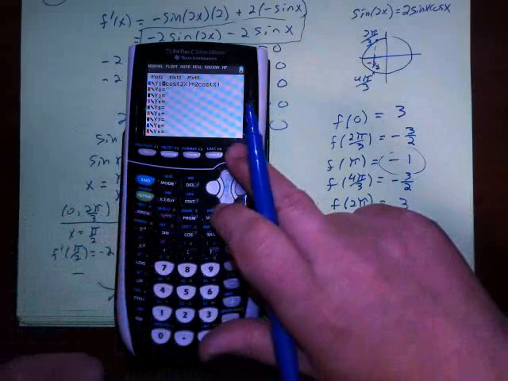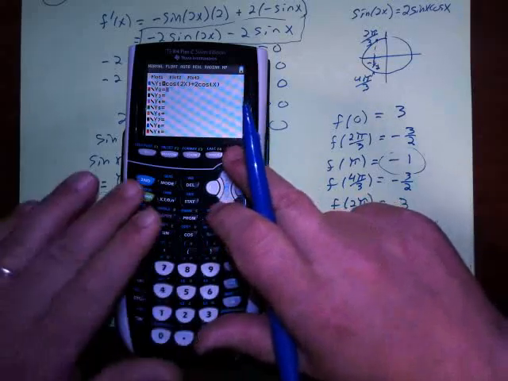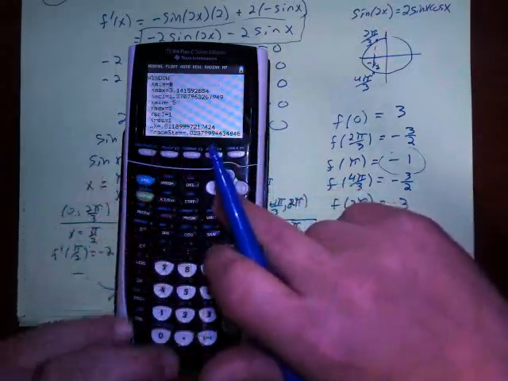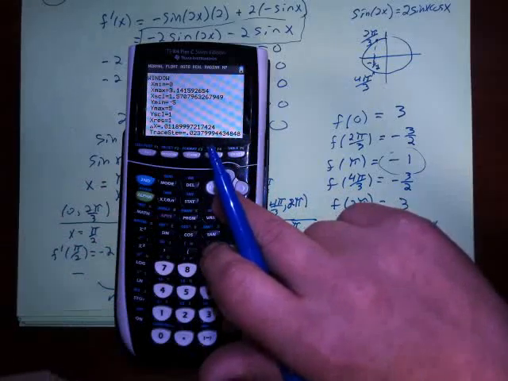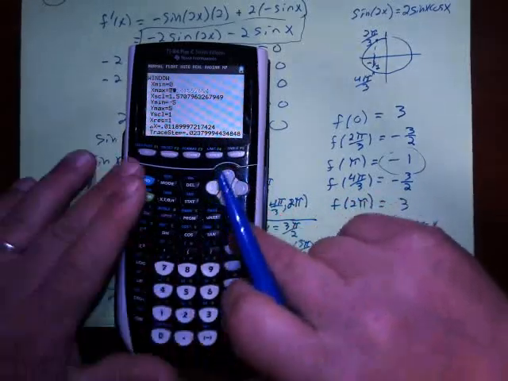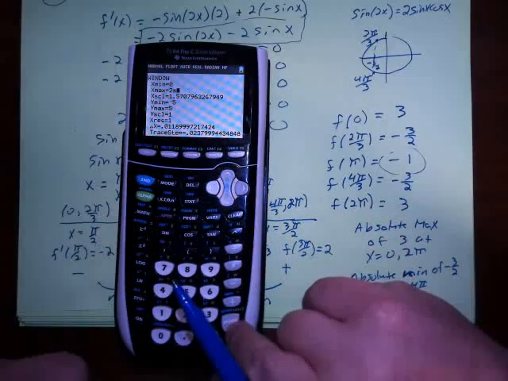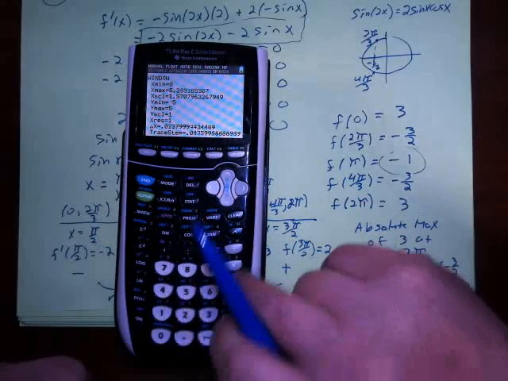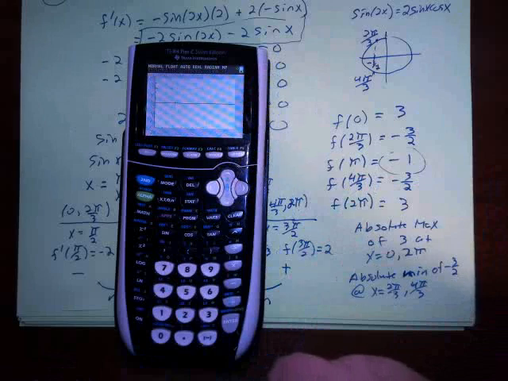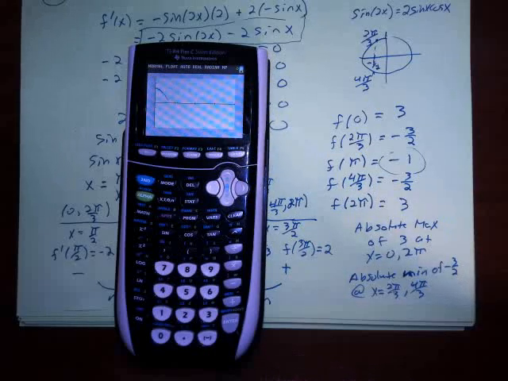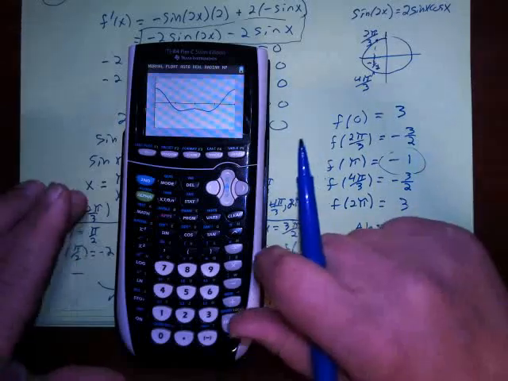Original function, and then let me do my window from 0 to 2 pi. So it comes down. Looks like this. Comes up. So this is what it looks like.